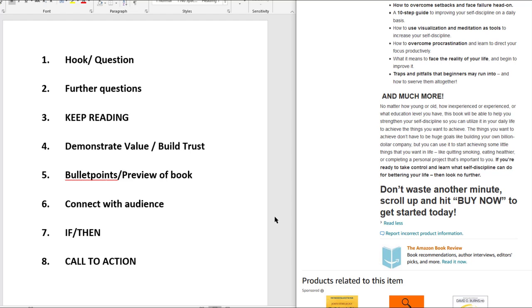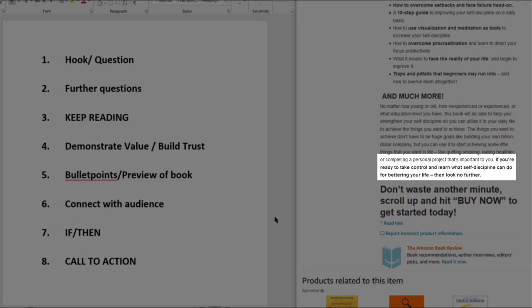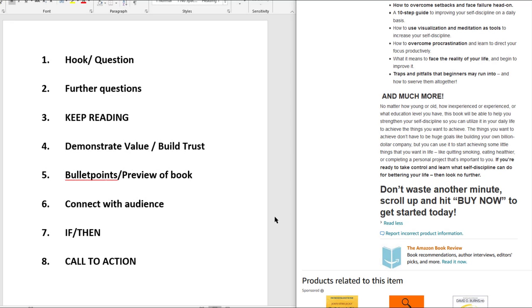And then the next thing I do is an if-and-then statement. In this case, we are actually looking at a very good example of an exact if-and-then statement. "If you are ready to take control and learn what self-discipline can do for bettering your life, then look no further." So in this case, you are looking for an if, common problem. So if, and then you would put a common problem of the reader.